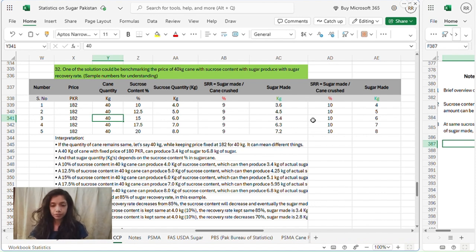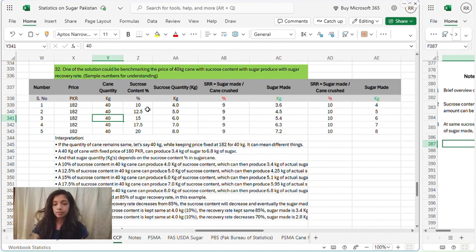So this is how it changes, and the base in this makes us realize how, if we do not consider the sucrose percentage in the total quantity of cane, it is going to affect the total quantities of sugar made and the calculations that we further make or evaluate or forecast.